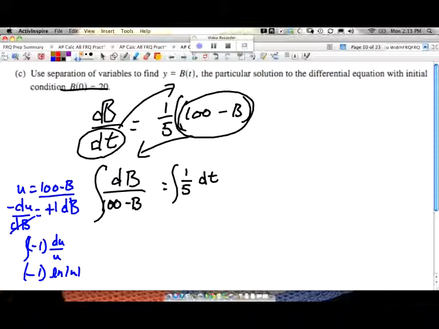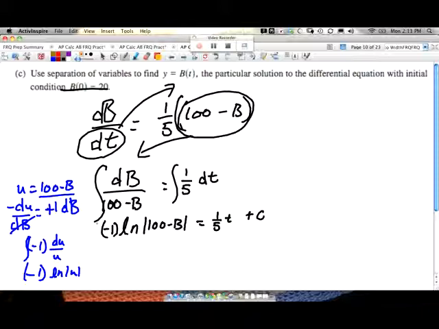So I have negative 1 times the natural log of 100 minus b equals, on the other side, 1/5 t, and of course we need a constant in here somewhere.